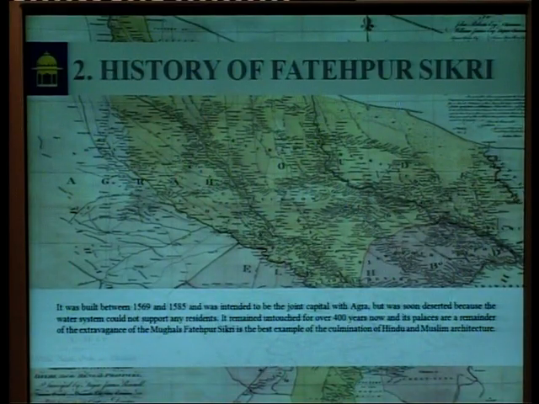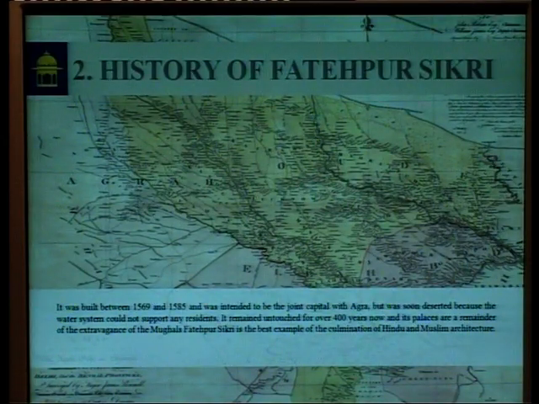It was built between 1569 and 1585, and was intended to be the joint capital with Agra, but was soon deserted because the water system could not support any residents. This is the reason why the buildings at Fatehpur Sikri are still intact, because they were not used for a very long duration.